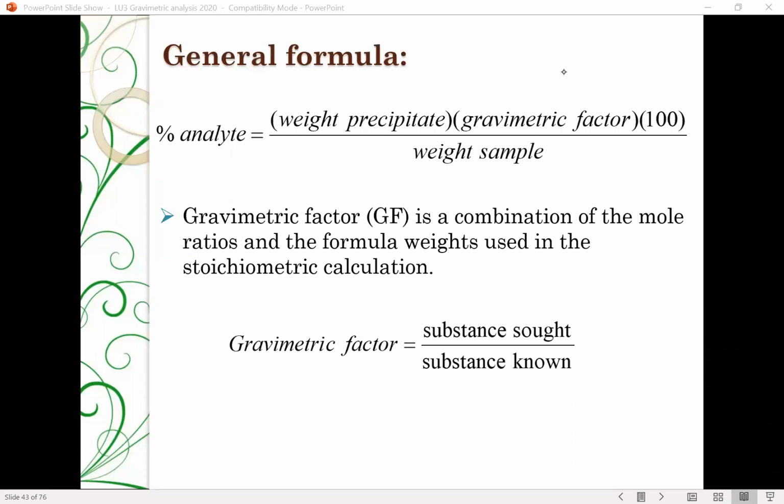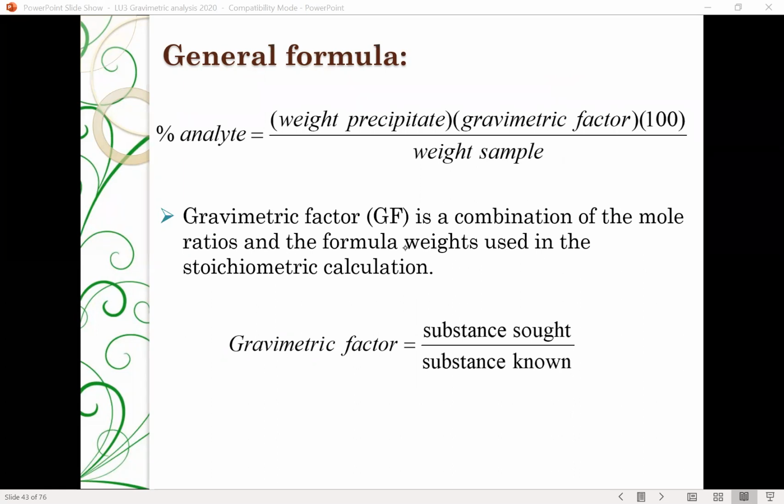This is the general formula on how you calculate the percentage of analyte in your sample. Percentage of analyte is equal to the weight of your precipitate times the gravimetric factor, divided by the weight of your sample, and you multiply it by 100%. This is how you determine your analyte. What is the gravimetric factor?